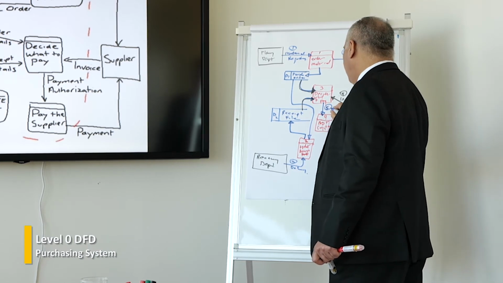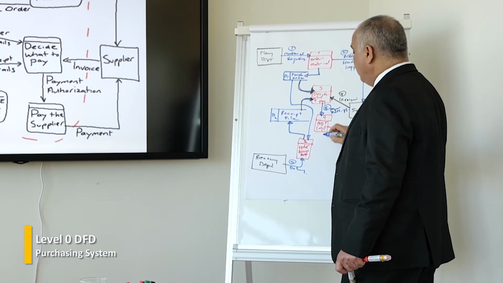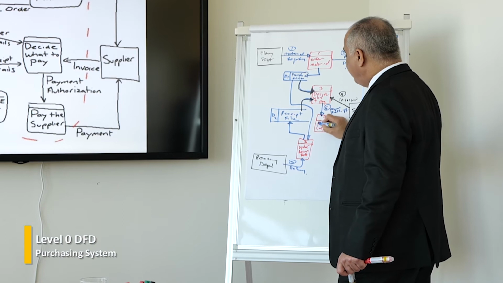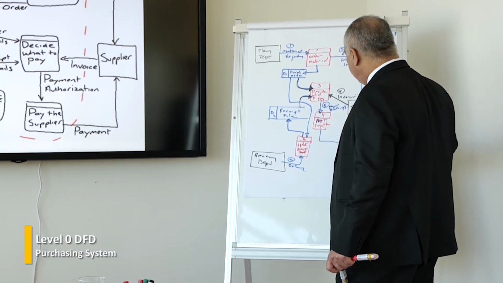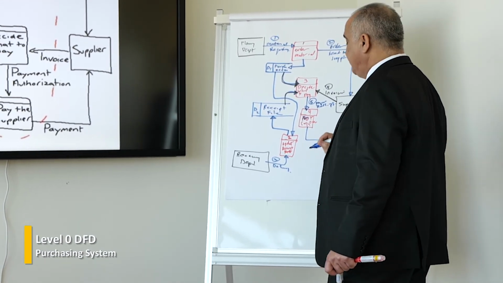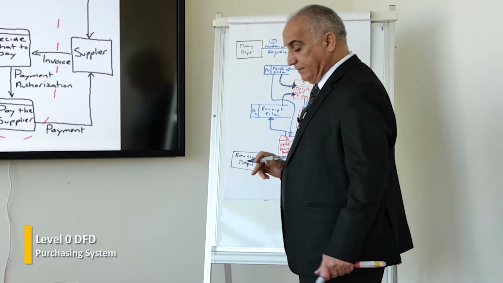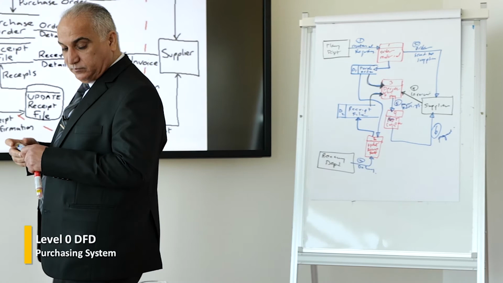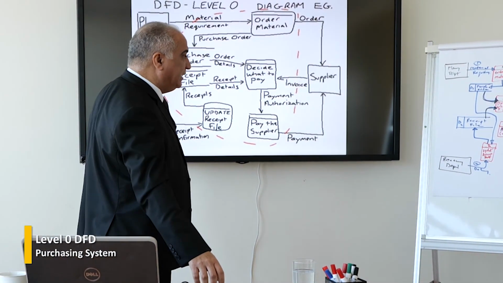So, payment authorization. Payment authorization means we have to pay. In this case, a payment needs to be made to whom? To number 6, the supplier. So, if you look at this example, what do you really see?